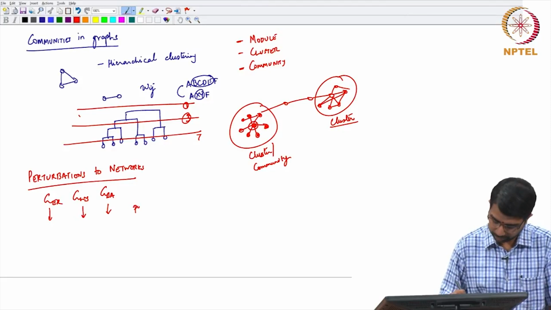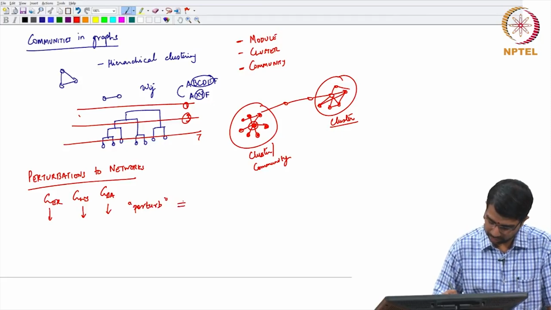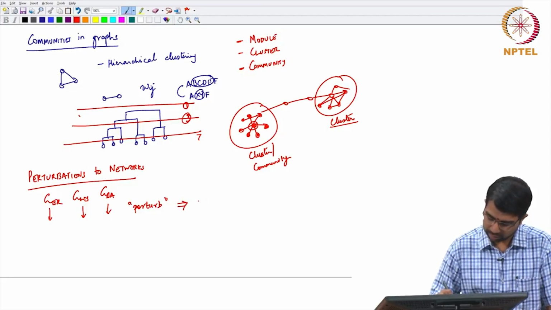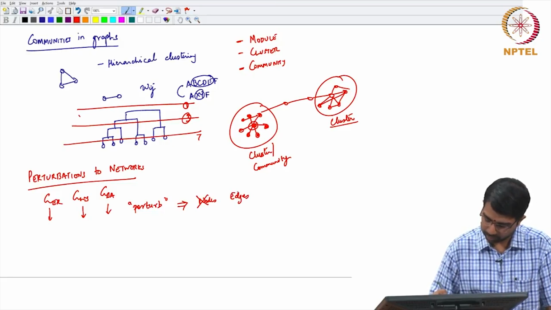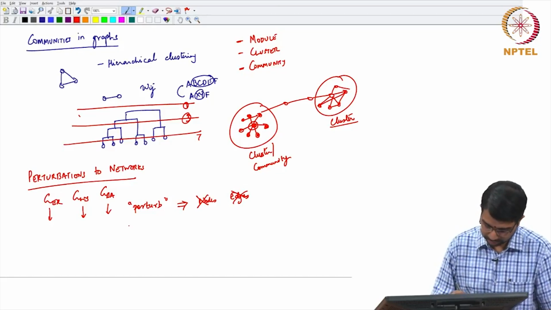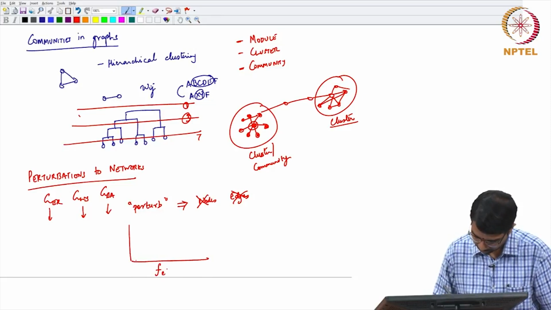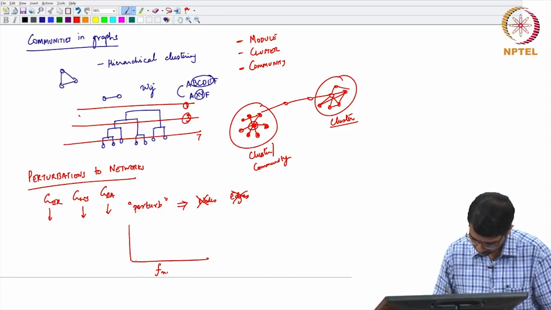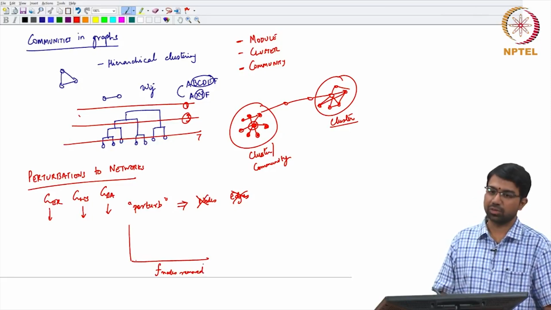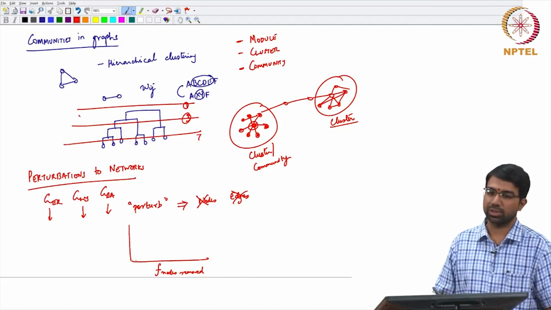perturb it, which means what? Remove nodes and edges. And a typical study to do is fraction of nodes removed on the x axis, y axis is some parameter that you are studying.